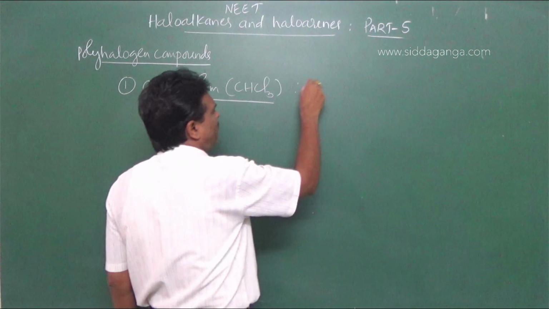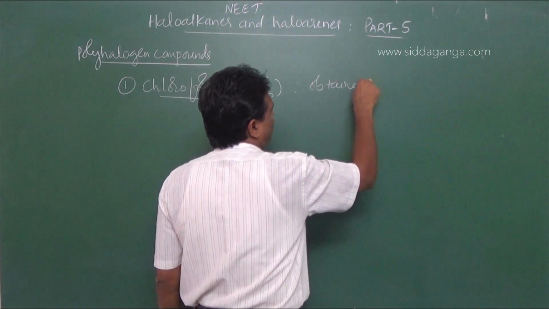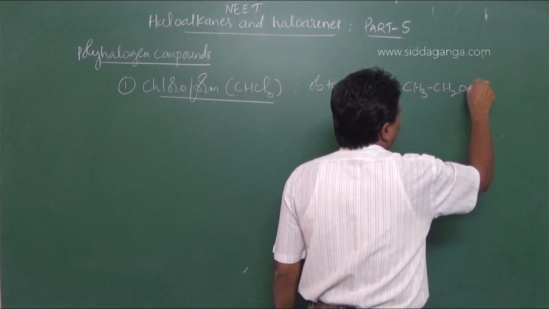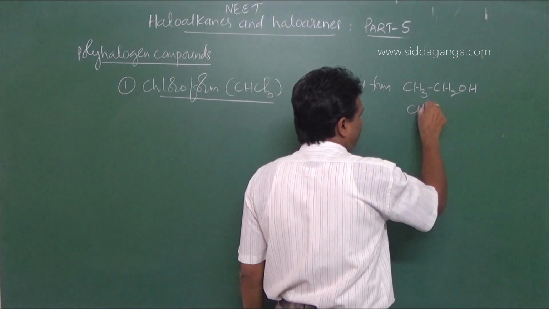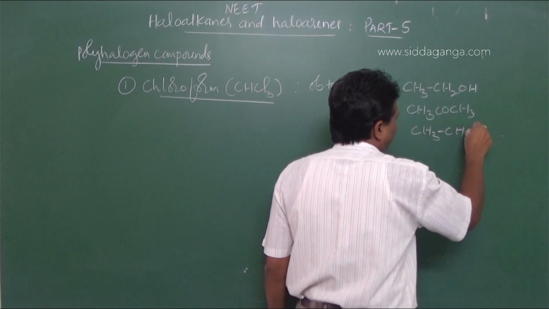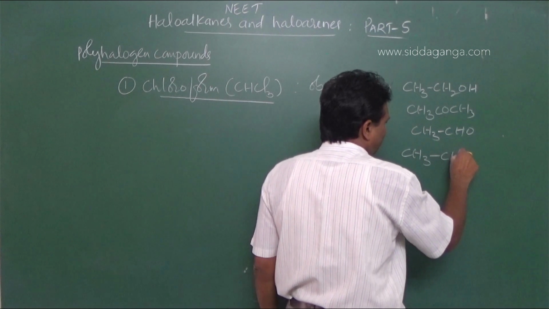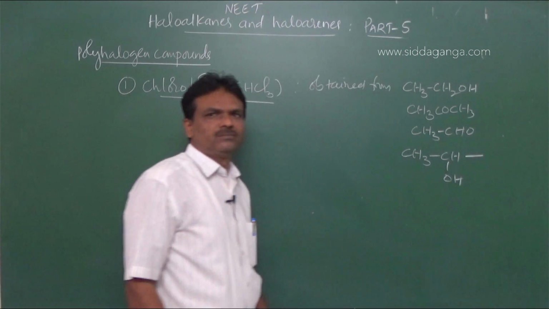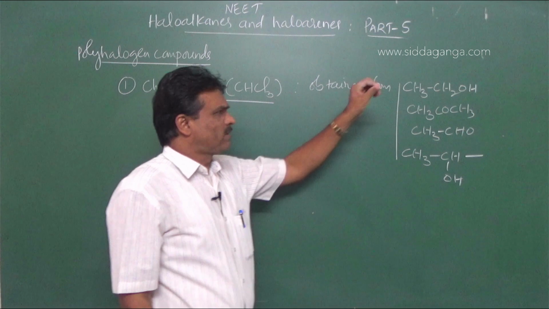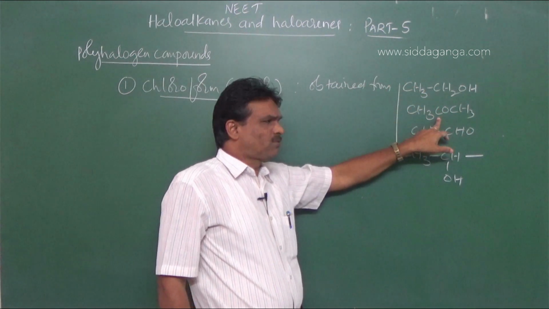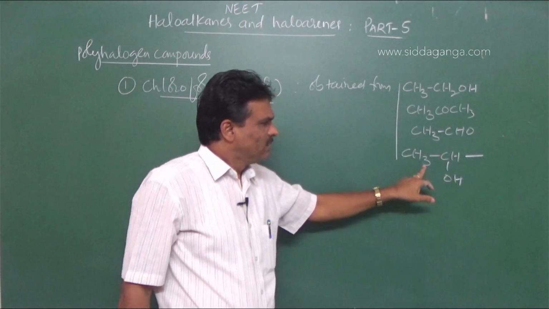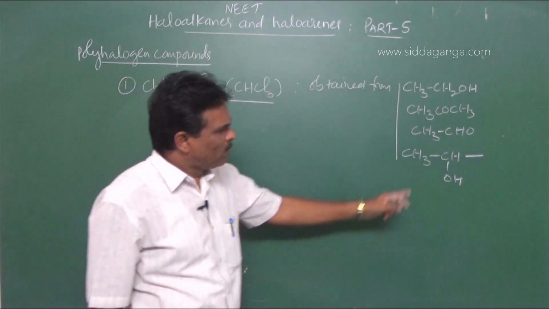It is obtained from ethanol, CH3CH2OH, or from acetone, CH3COCH3, or from acetaldehyde, or from a compound containing this kind of group, CH3CHOH.